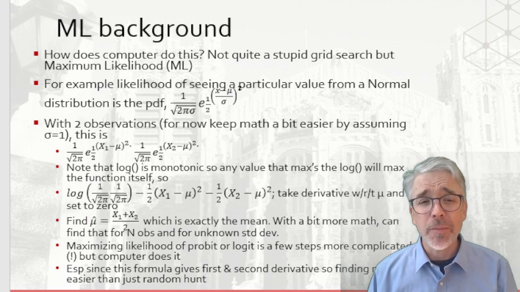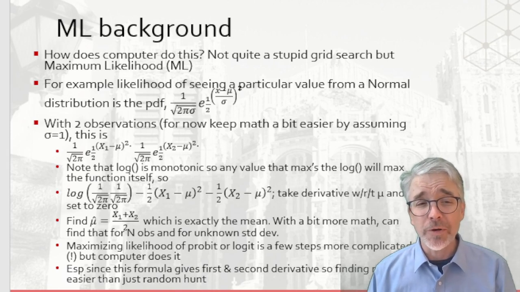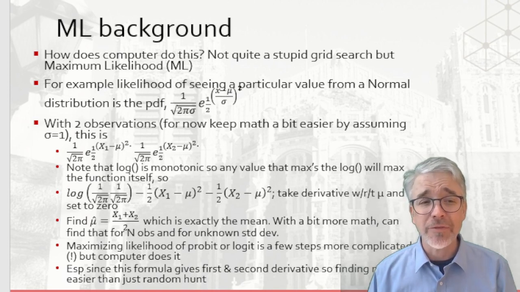With a little bit more math, you do the case for n observations and figure a formula similarly to estimate the standard deviation. Maximizing the likelihood of some probit or logit function is a bit more complicated, but people have derived the first and second derivatives, so finding the maximum value is quicker.